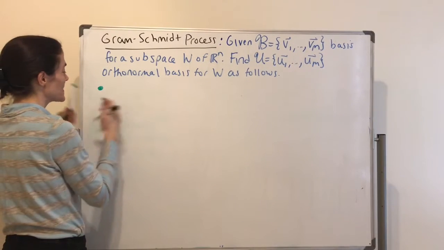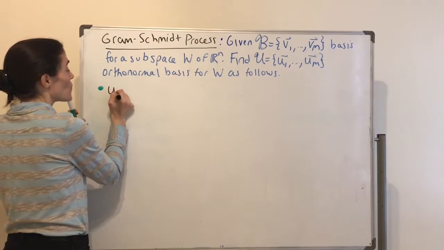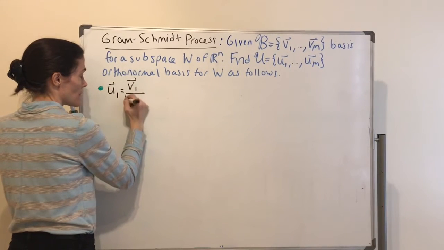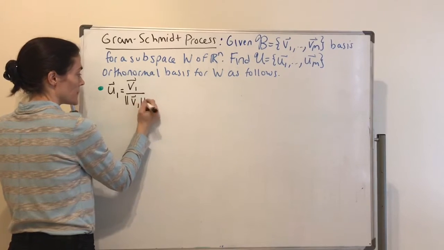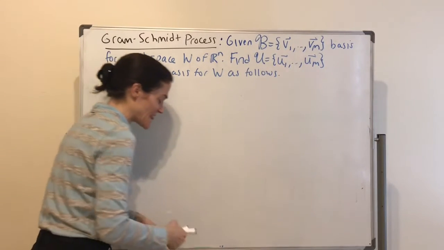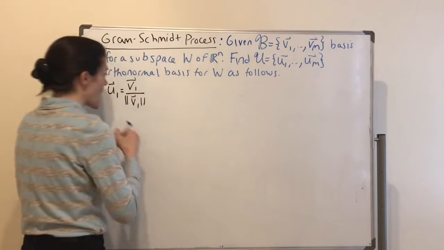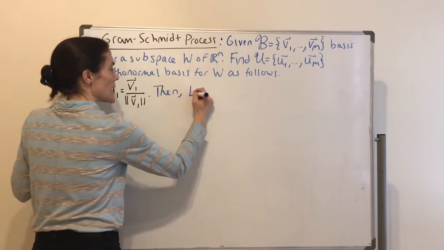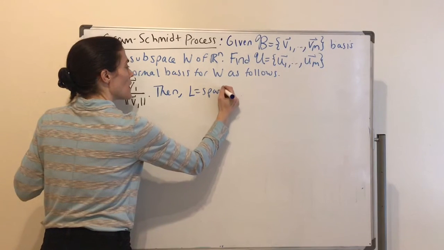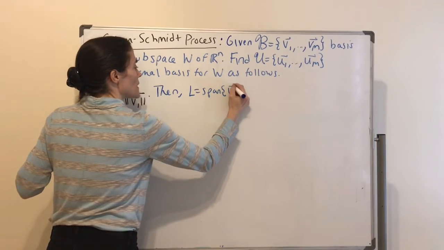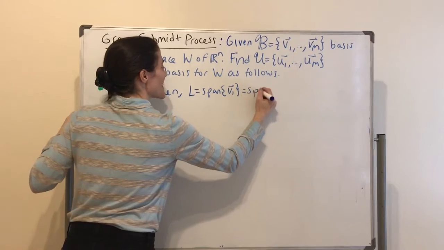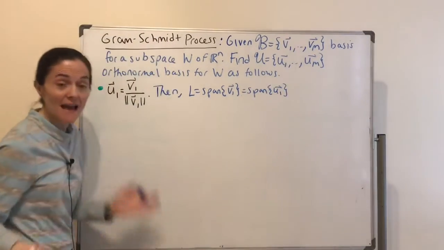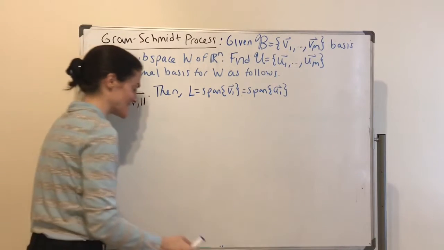First, well, U1 is the easiest. It is V1 over the length of V1, okay? And then, as we saw in the first example, we let L be the span of V1, which is also the span of U1. Okay, I didn't necessarily have to write both of those, but I did just to make a point.